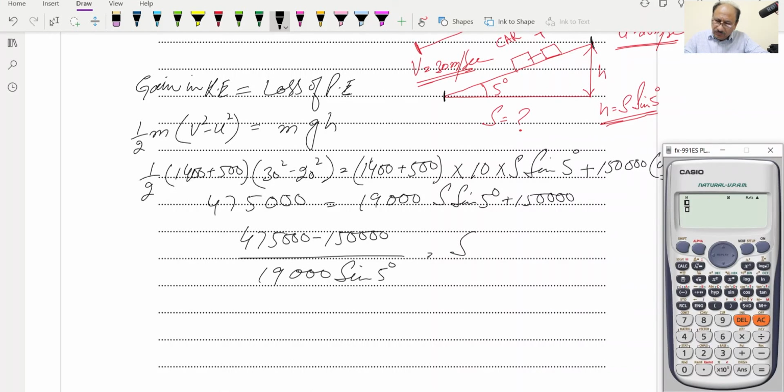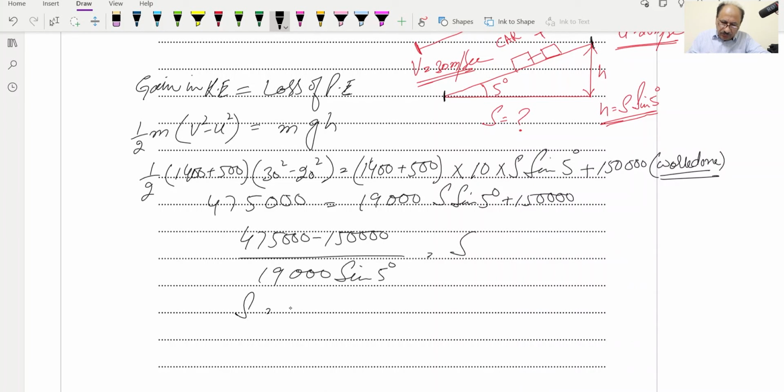So we can write the fraction, and it will be 475,000 minus 1540 divided by 19,000, and multiply by sine of 5 degrees, and this will give us 196.26.